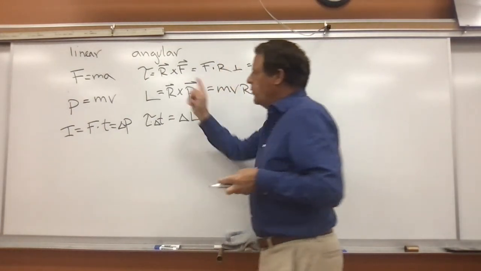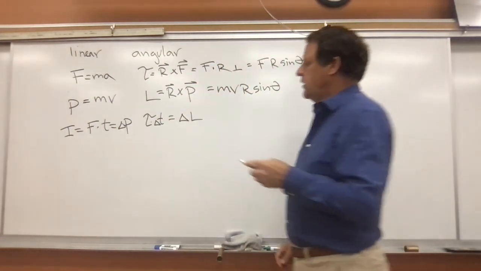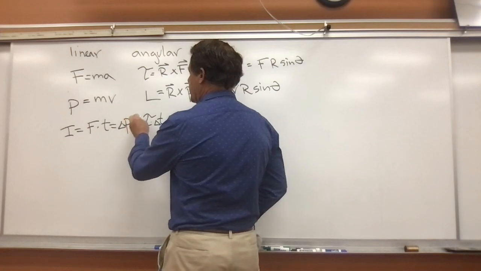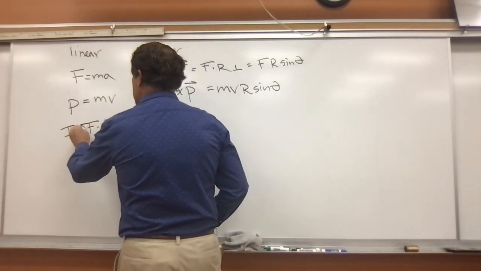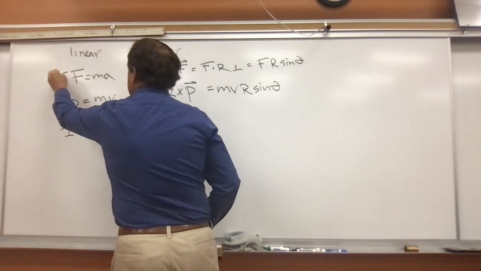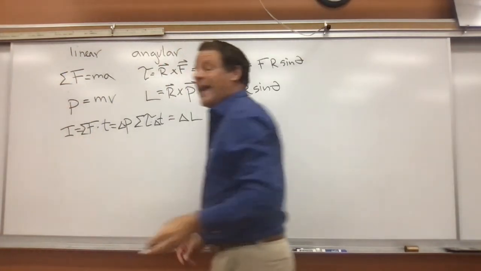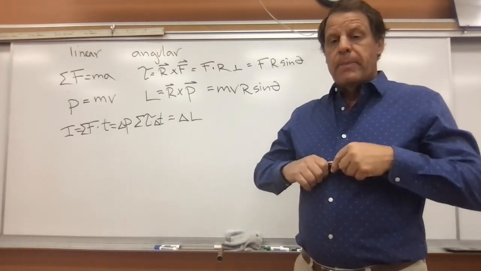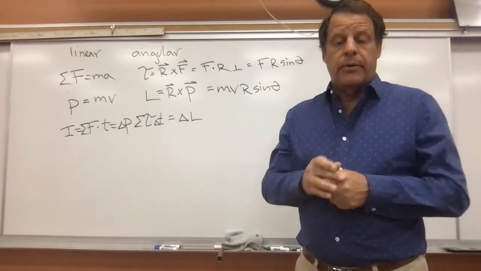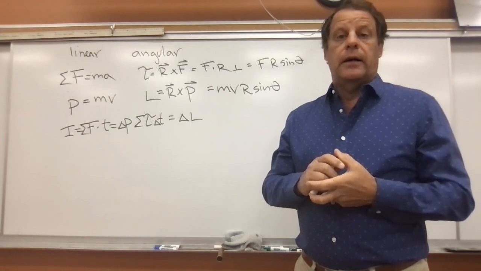Now, when we're talking about forces or torques, we're really talking about when we add them all together. When we add force vectors or torque vectors, they add up to be one vector.